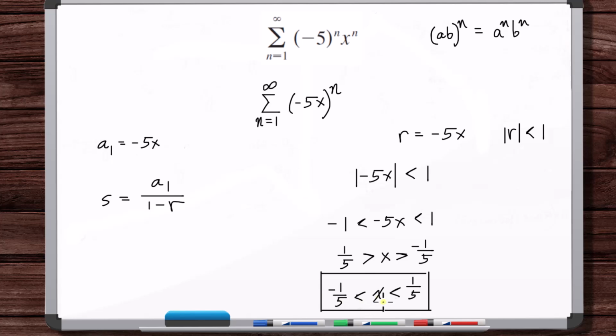It can be anything in between, in this range, so I'm not sure what the question is asking. Oh, no, I see what it's asking. So we use this here. The sum is equal to a1, which is minus 5x, over 1 minus (minus 5x). So minus 5x over 1 plus 5x, but with this condition here.